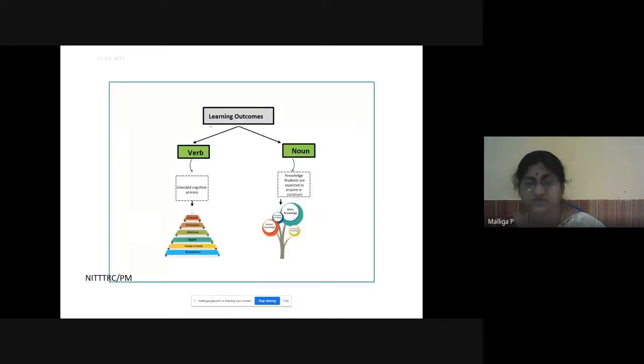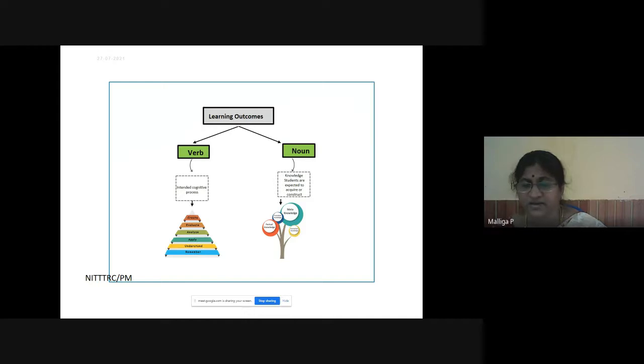So if you have any learning outcome, you have the verb and the noun part. The verb will give you the intended cognitive process, that is the six levels, and the noun will give you the four things, that is, factual and so on.